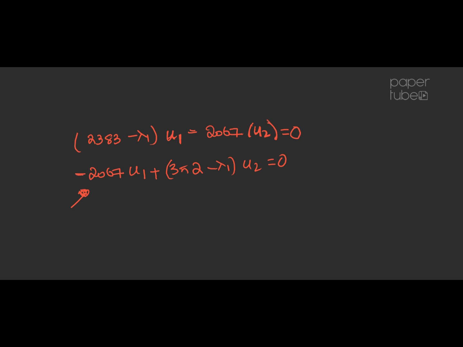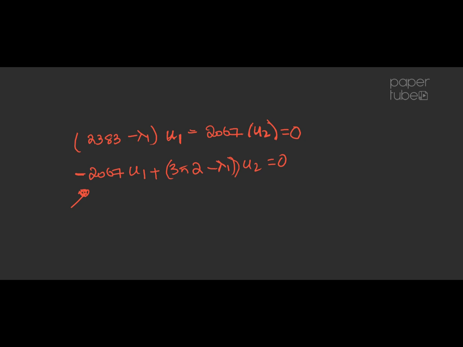The second expression is minus 2067 multiplied by eigenvector 1 plus 352 minus eigenvalue lambda 1 multiplied by u2, that's equal to 0, that's correct.